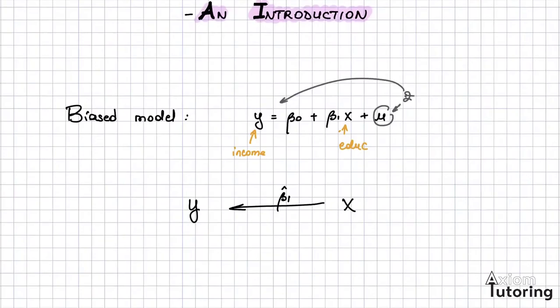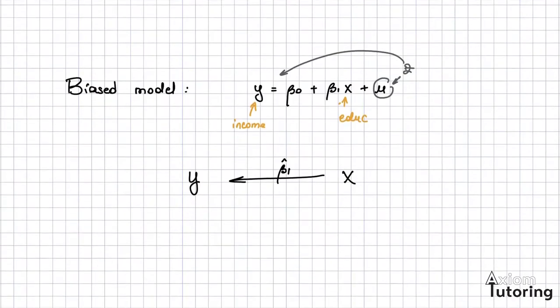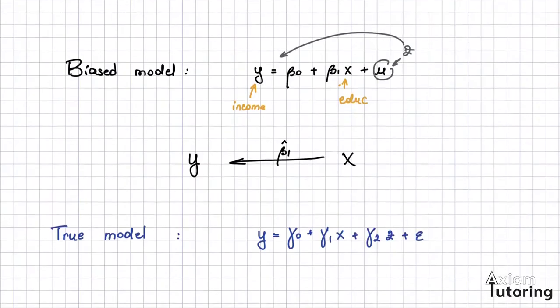So at this stage, we also have what we suspect to be a true model, a correctly specified model, which means two variables, two effects, and where beta 1 is the actual value that we want to measure. So for the true model, we will control for Z, and let's say this is Y equals gamma 0 plus gamma 1 X plus gamma 2 Z plus an error term epsilon.